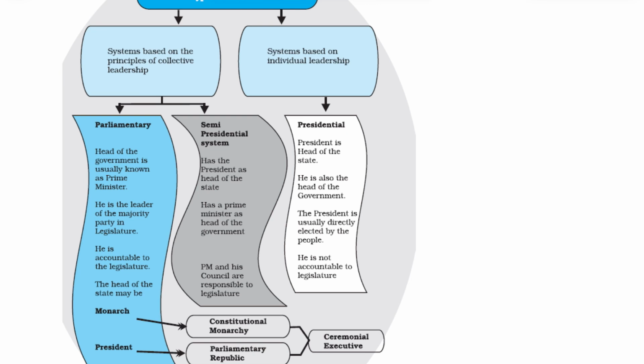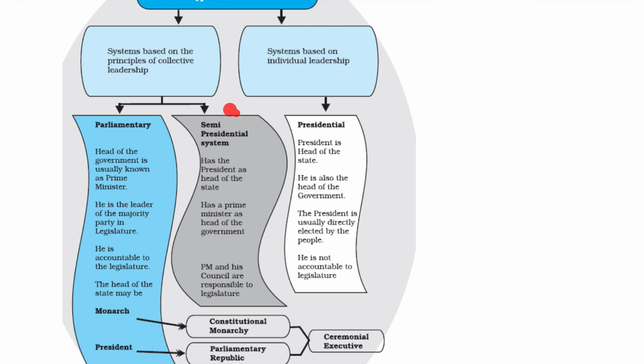It is the people who are the head of the state, and not somebody who has a hereditary position like a monarch. So in both of these systems, the head of the state is just a ceremonial executive, the de jure executive, whereas the prime minister over here is the de facto head.